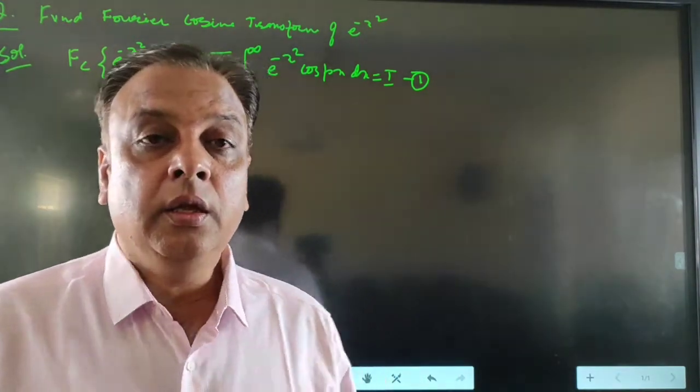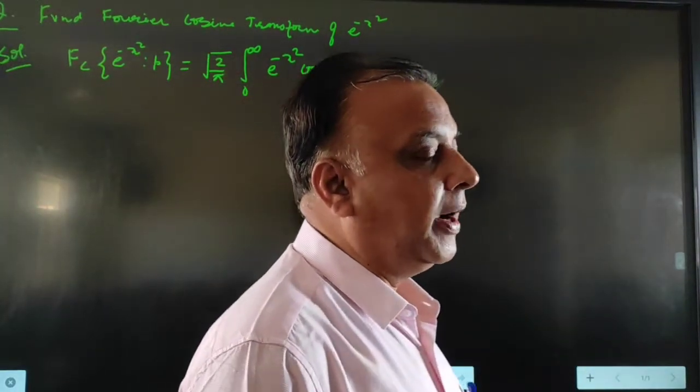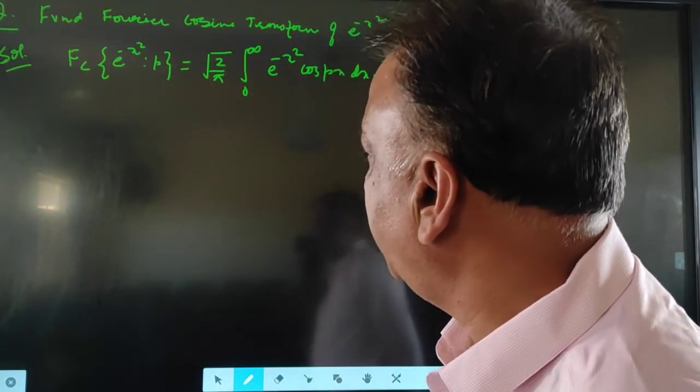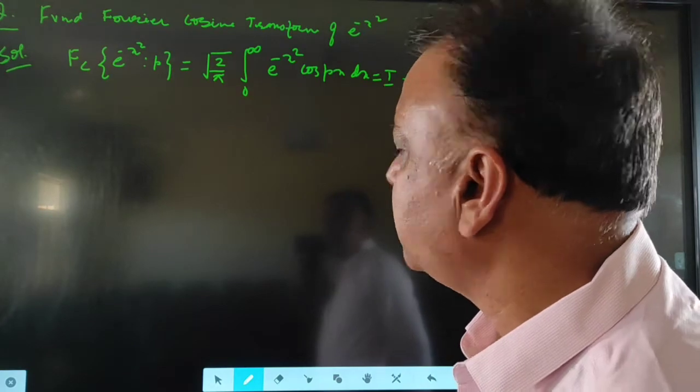We know that the Fourier cosine transformation is defined in the integral form as root 2 upon pi integral 0 to infinity e raised to minus x square cos px dx.